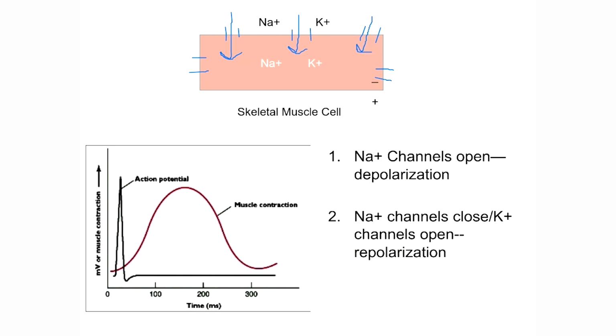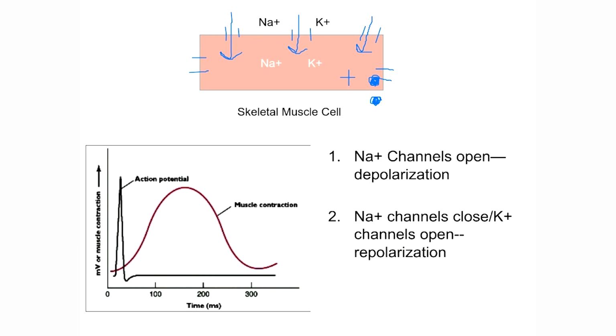That sets up a situation now where we have more positive charge moving into the cell and less positive charge moving out of the cell. And when we end up in that situation, I'm going to cross out these positive and negatives, we end up actually depolarizing the cell. So we get to a point where the cell is positive on the inside, again, because so much positive charge is now moving into the cell in the form of sodium.